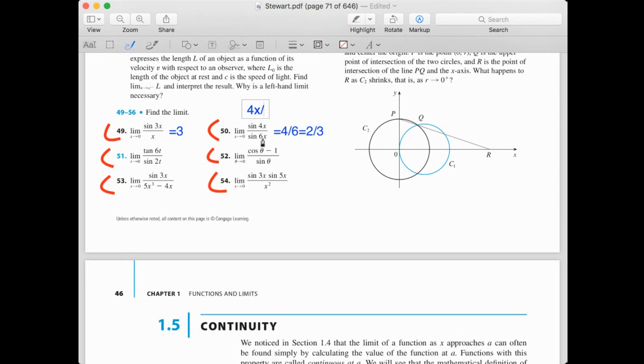This one is 6x over 6x. Then 6x over sine 6x, under the limit x approaches 0, becomes 1. So we have 6x in the denominator. Then x divided by x equals 1, so we're left with 4 over 6. Or 4 over 6 can be simplified to be 2 over 3.